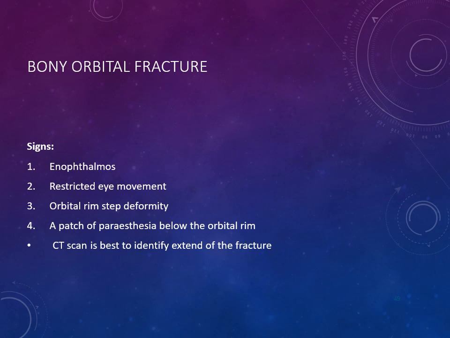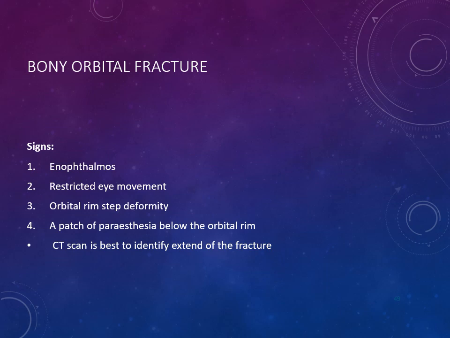When we examine the patient, we will see that the eye is sunken, so it's enophthalmic. There might be restriction of the eye movement. We may feel an orbital step deformity, suggestive of a displaced fracture, and a patch of paresthesia on the inferior orbital rim.